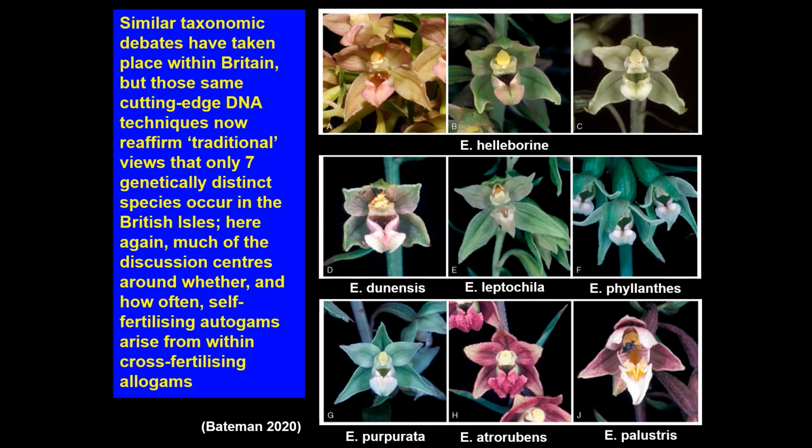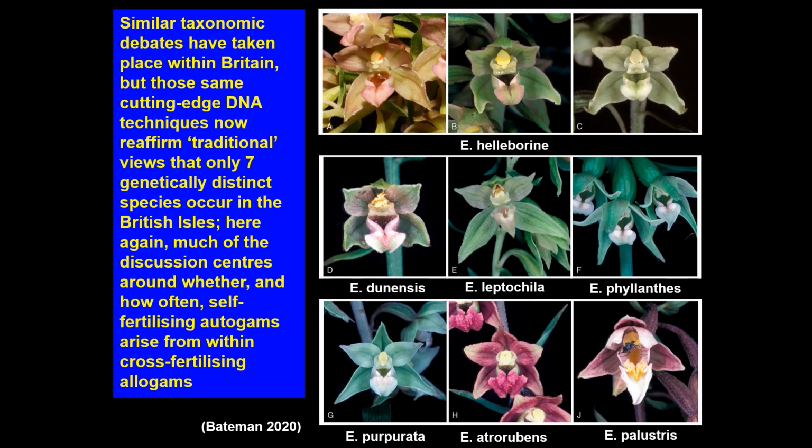And they're a mixture of species that have long been viewed as dominantly allogamous, which include Epipactis helleborine at the top, and Epipactis purpurata and Epipactis atrorubans at the bottom of this diagram. Whereas the three species that I've shown in the middle of this diagram, Junensis, Leptochila, and Phylanthes, are traditionally viewed as being autogamous, and in many people's opinions, wholly autogamous.